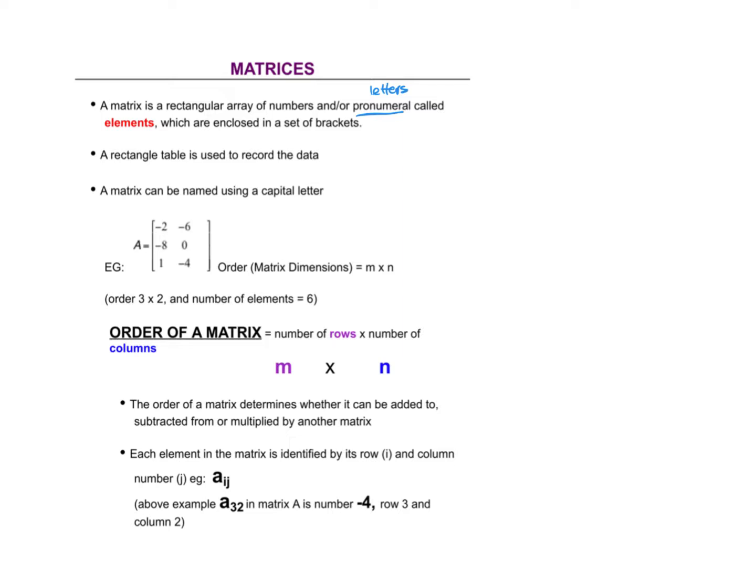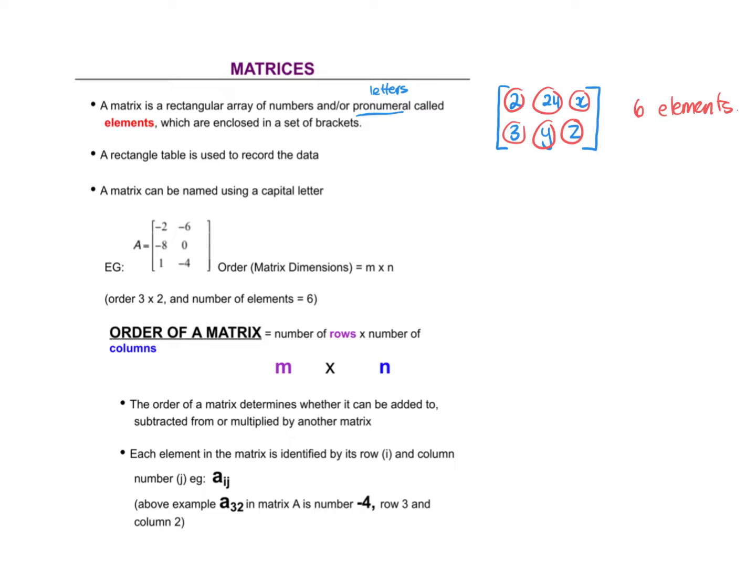So we might have these square brackets, and then numbers or letters within them. Each of these is called an element. This matrix here actually has 6 elements. So a matrix contains information in these square brackets.